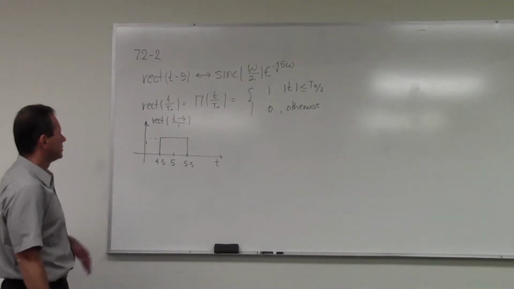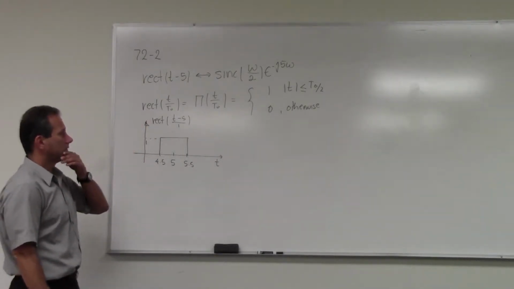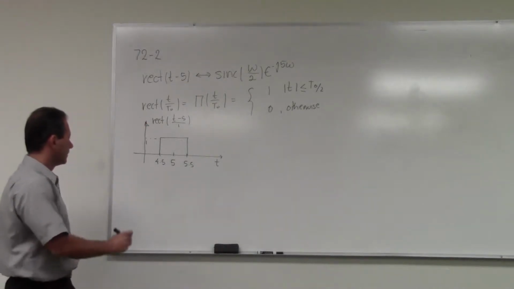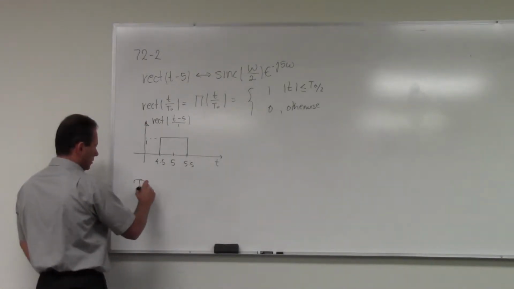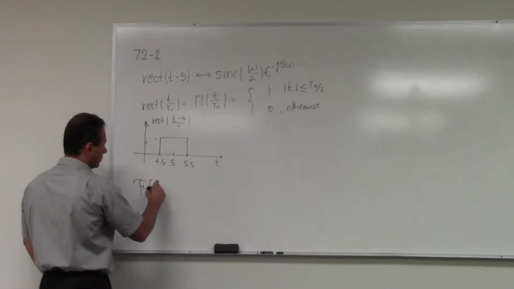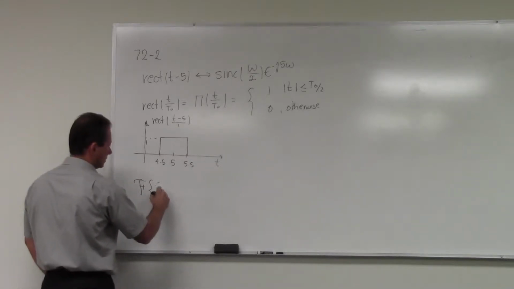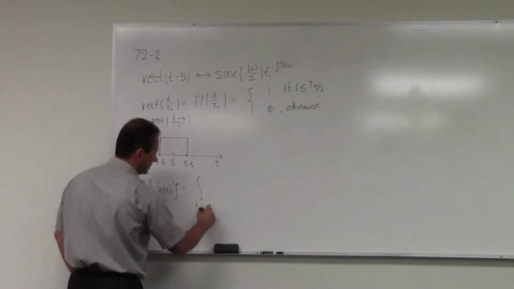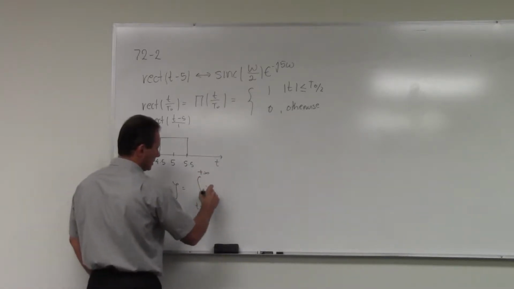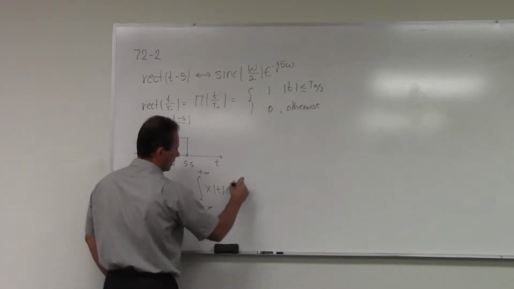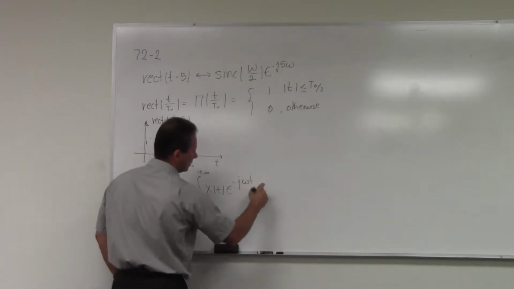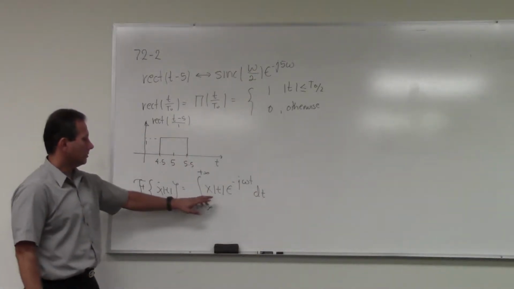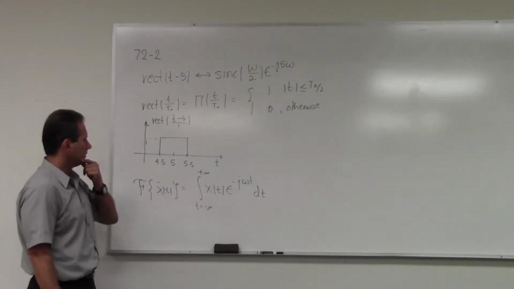The problem says to use the direct definition of the Fourier transform to find the Fourier transform of this time domain function. You probably know by now that the Fourier transform of the function x of t is given as an integral, when t goes from minus infinity to plus infinity, of x of t e to the minus j omega t dt. Notice here I'm using the omega definition of the Fourier transform.